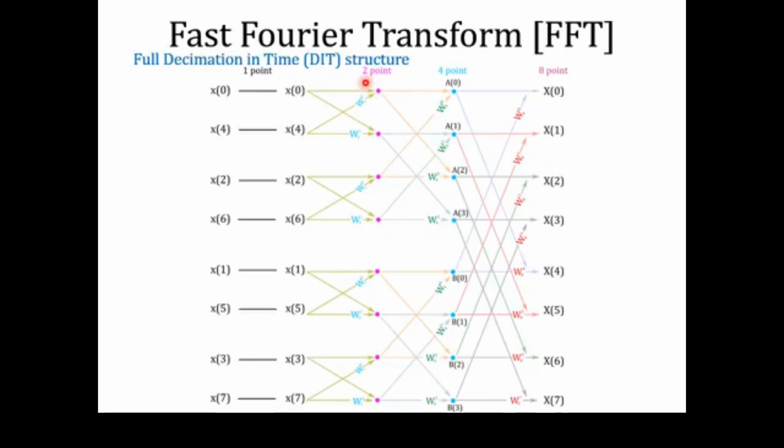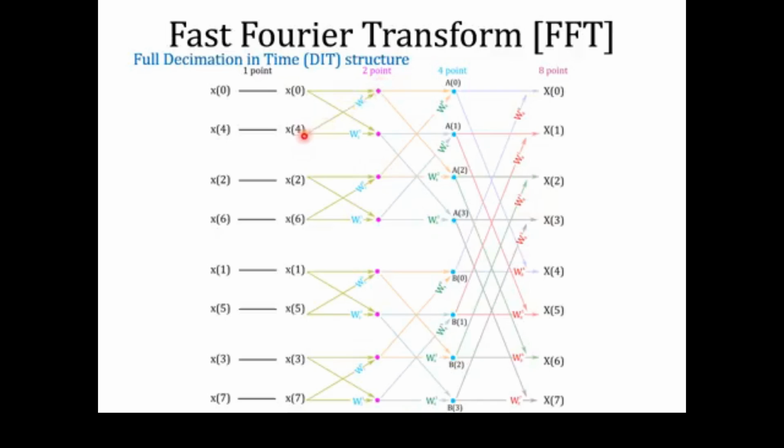In order to make a 2-point DFT output, this sample value will be used here, which is shown as a straight line, and this sample value will be used here in the form of a diagonal line for addition purpose. But before addition, we have to use twiddle factors. So for 2-point DFT output, we have to use two twiddle factors which are W20 and W21.